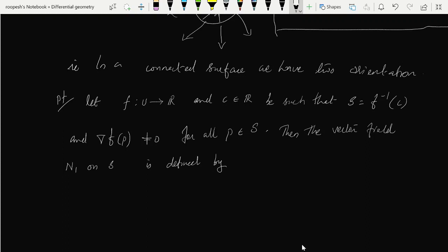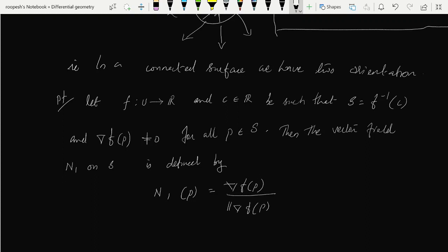Now with respect to this surface, we have a function f with the property del f of p not equal to 0 for all p belonging to S. Making use of this, we define a normal by n1 of p equal to del f of p divided by the norm of del f of p.